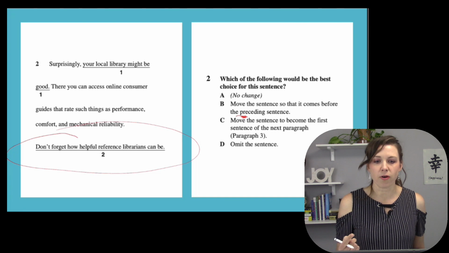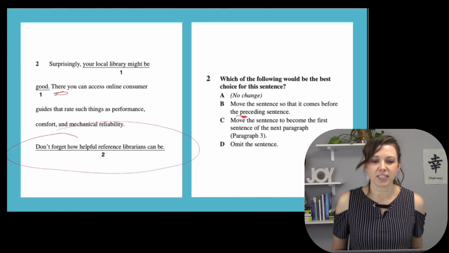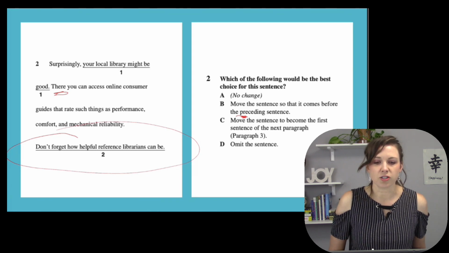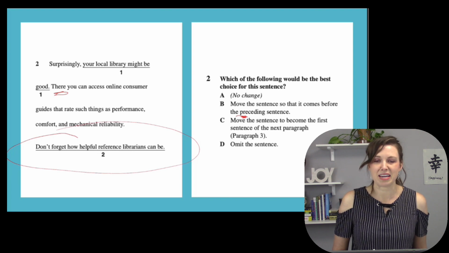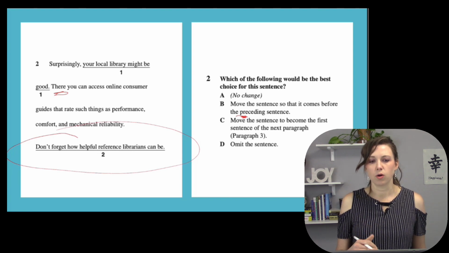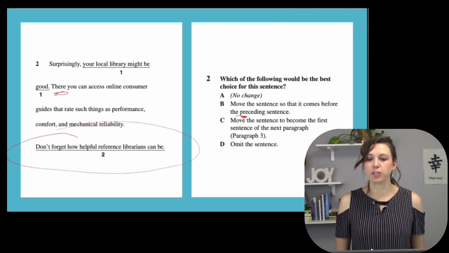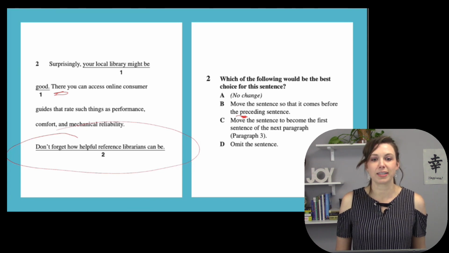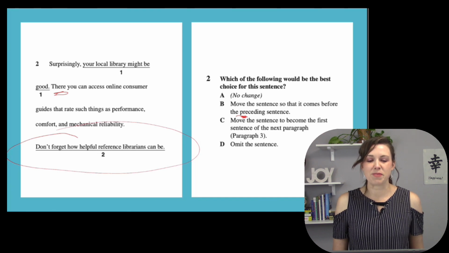The sentence before starts right here: there you can access online consumer guides that rate such things as performance, comfort, and mechanical reliability. So move that above. C, move the sentence to become the first sentence of the next paragraph, paragraph 3. I don't have that included here, so it's not really very helpful. Or D, omit the sentence.